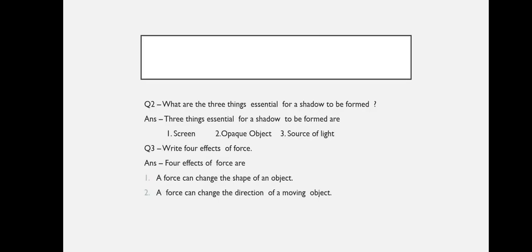Answer is three things essential for a shadow to be formed are first, screen, second, opaque object, third, source of light.